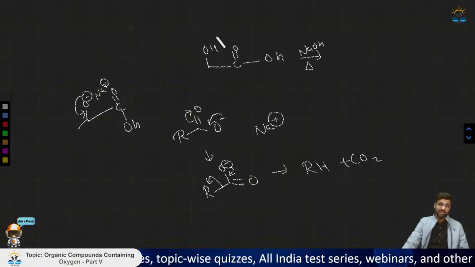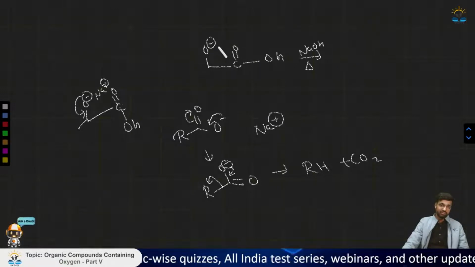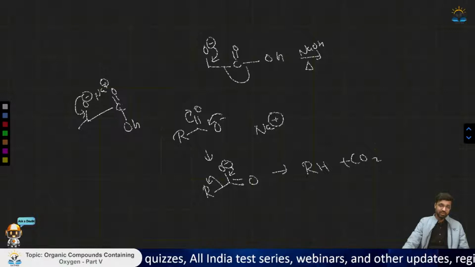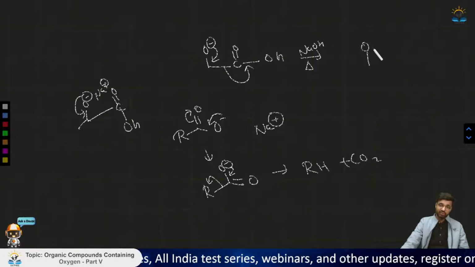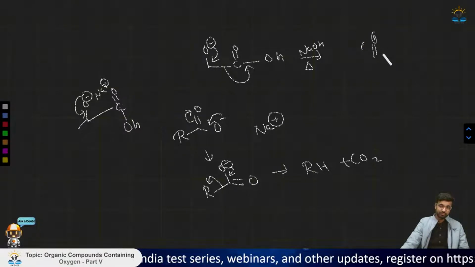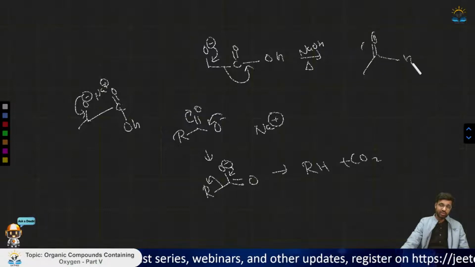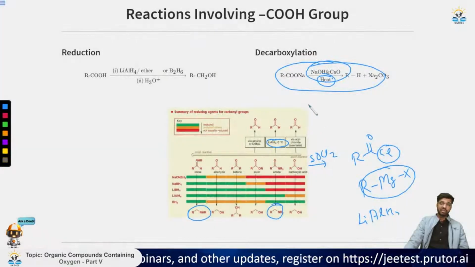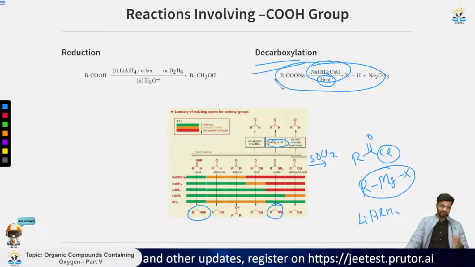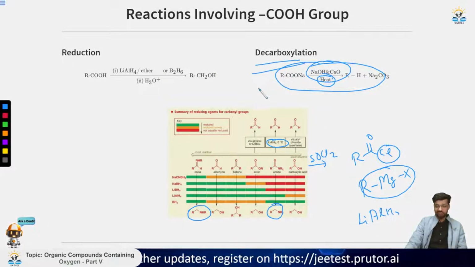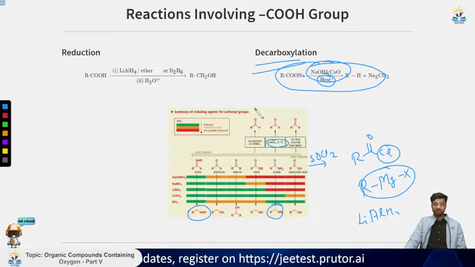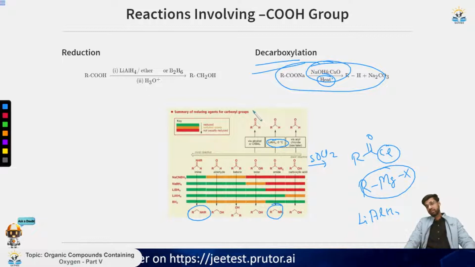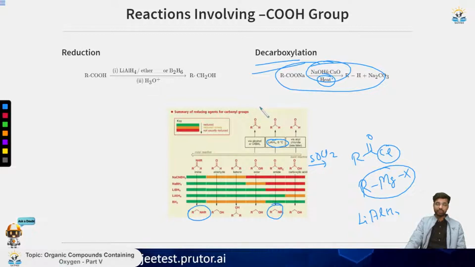Then this H will be removed, it will simply move here to give you a ketone. So this is also an important reaction for the aldehyde, or you can say an example of decarboxylation. So we can reduce this alpha hydroxy carboxylic acid into, say, an aldehyde upon heating and using a base.